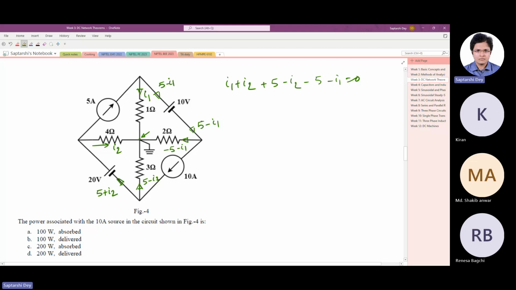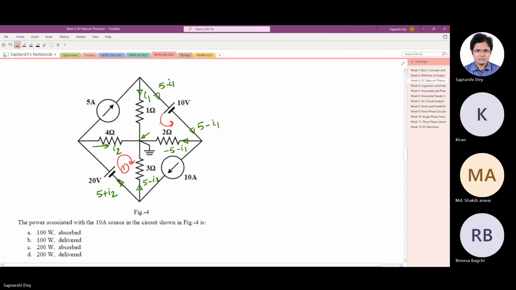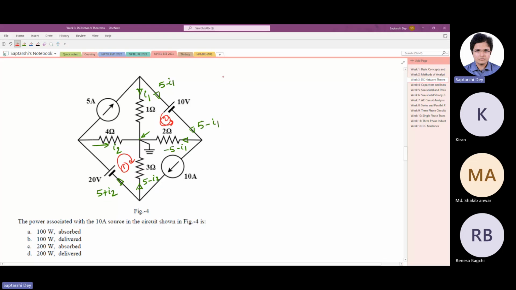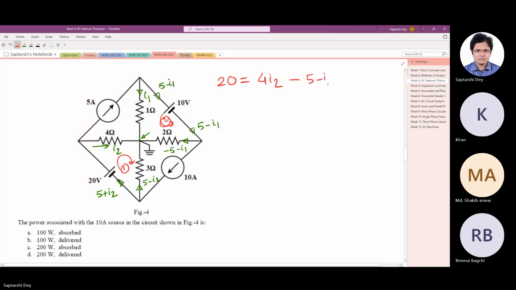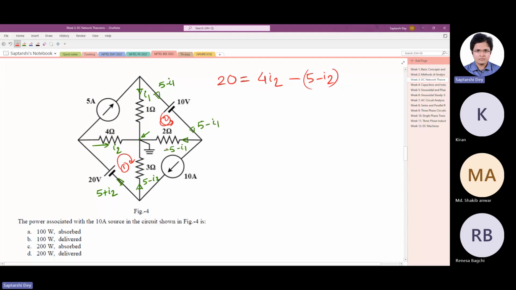Now we have two loops, two nodes where we know the voltages. There are nodes with the voltage sources. One is this one, and the other is this one. If I write like this, then we have 20 equals 4i2, a drop, and a rise, so minus i2 times 3.